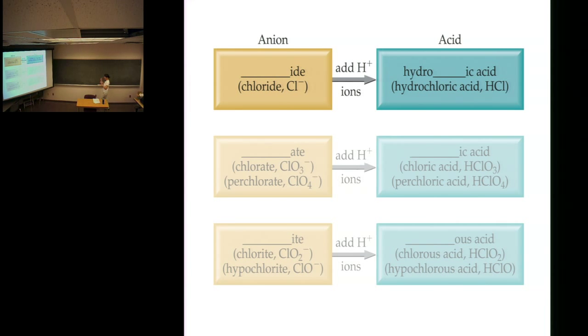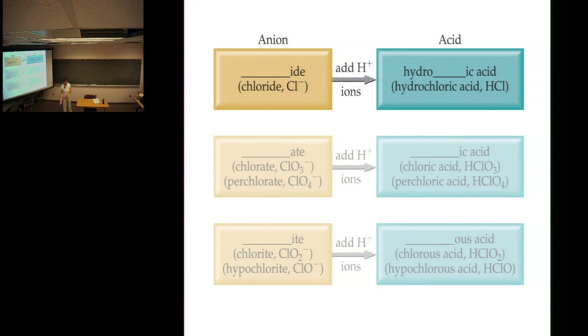So now let's talk about what happens if we have an oxyacid. Okay, so let's put the oxyacids in here. Let's, for example, take chlorate. Okay, this is the name of the polyatomic ion. So you do need the name of the polyatomic ions in order to name the acids. This is chlorate with a -1 charge. So if I put 1 hydrogen with it, it becomes the acid. Now, if it ends in ate, remember we said ate, 1 more oxygen? If I ate 1 more oxygen, I got sick.